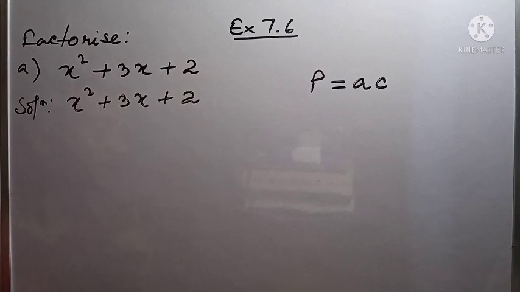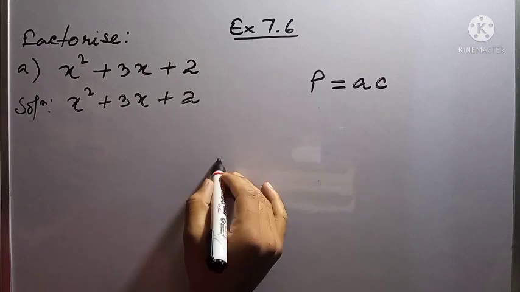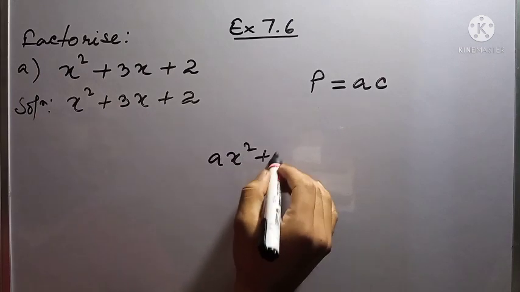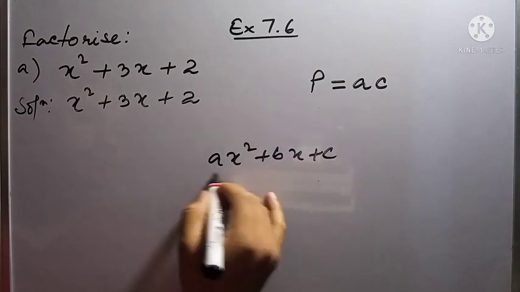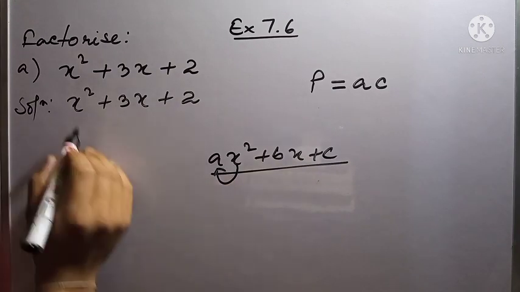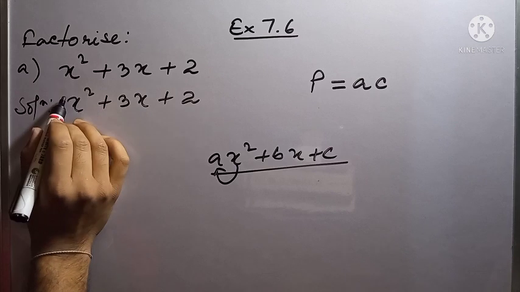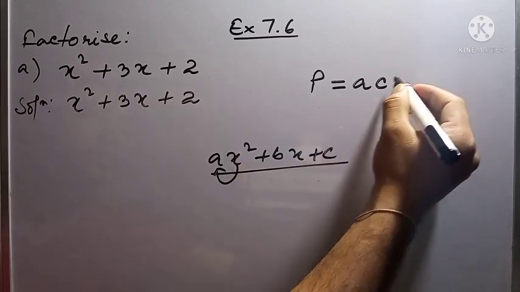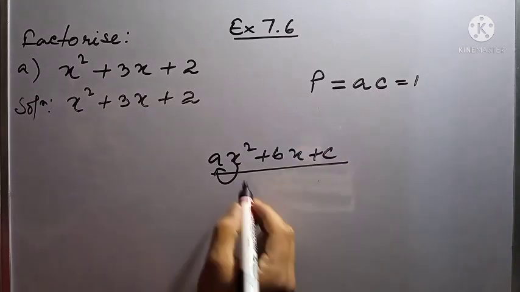In ax squared plus bx plus c, the coefficient of x squared is a, which is 1. And what about c? c means the constant term.